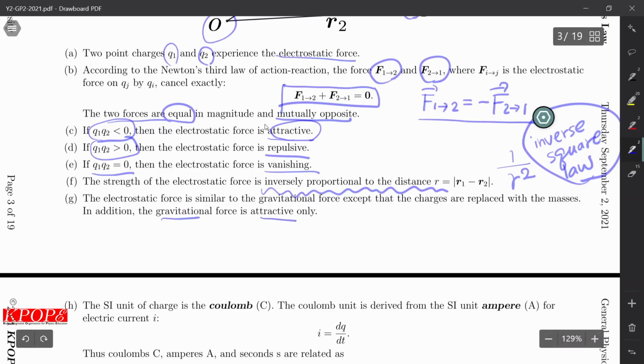Gravitational force is attractive only, but electrostatic force is attractive if the product of the charges is negative, repulsive if the product is positive, and vanishing if the product is zero. If only a single one is neutrally charged, regardless of the charge of the other one, the electrostatic force vanishes.